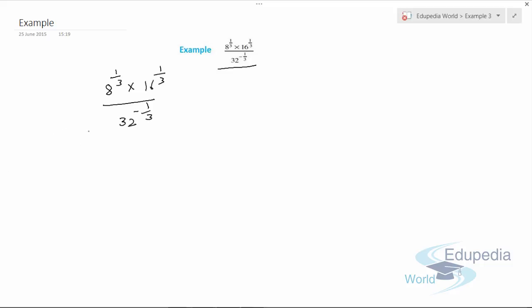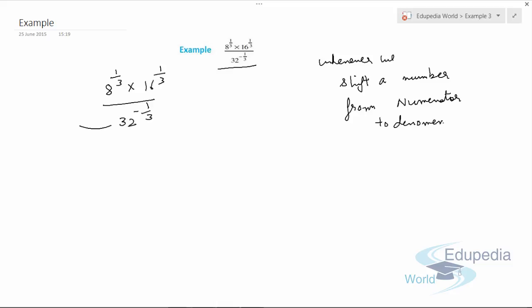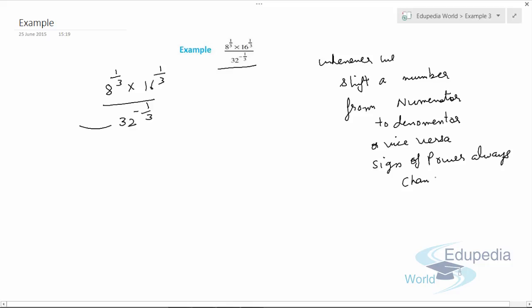Okay, now one important concept over here: whenever we shift or change a number from numerator to denominator, or vice versa, the sign of power always changes.